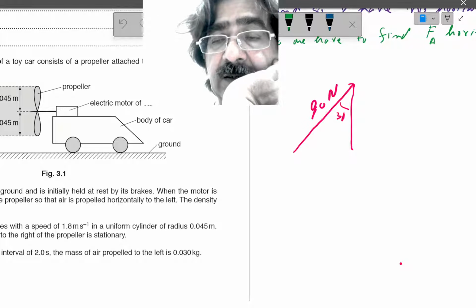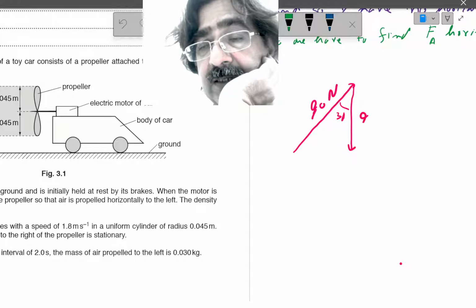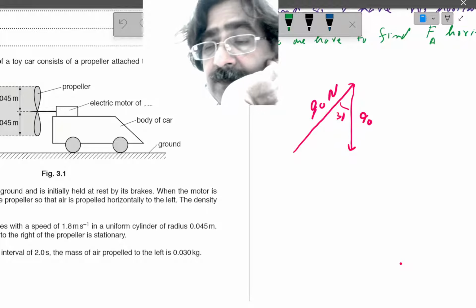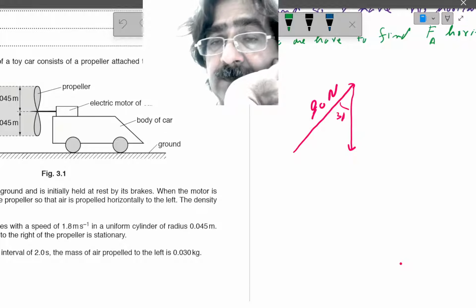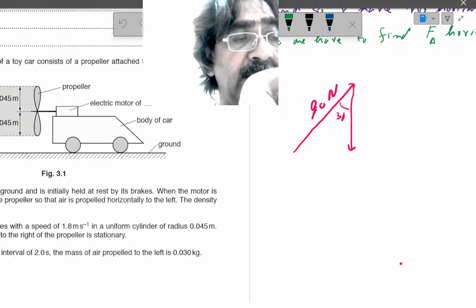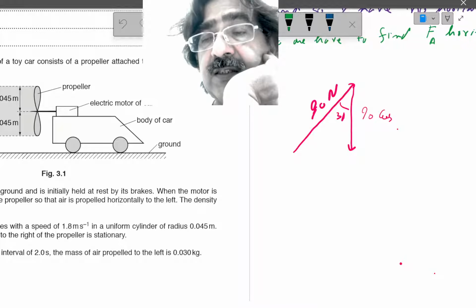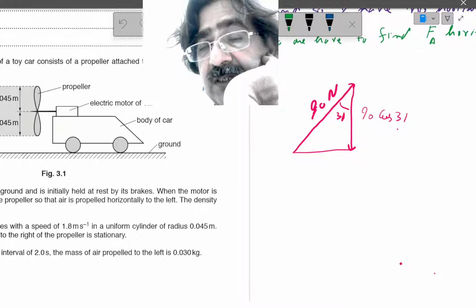This is 31. The vertical component is 90 cos 31, but we have considered this.